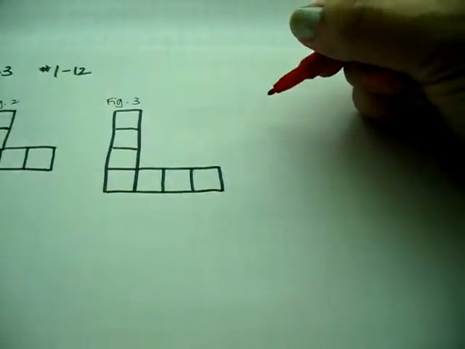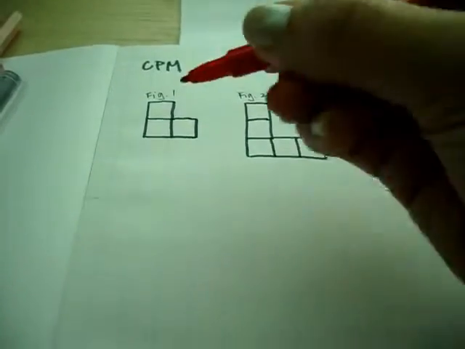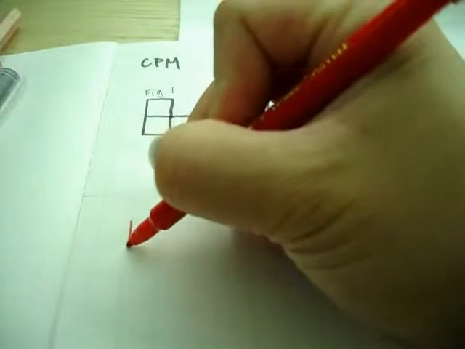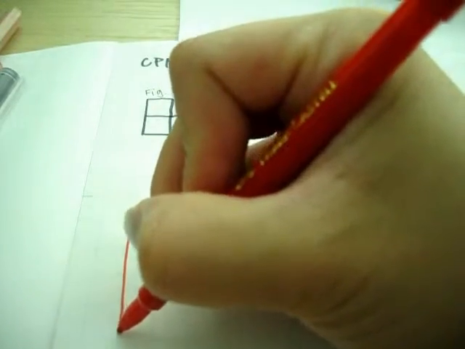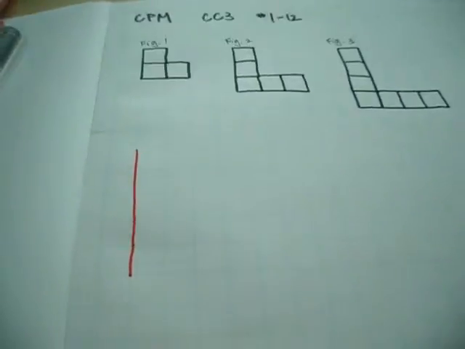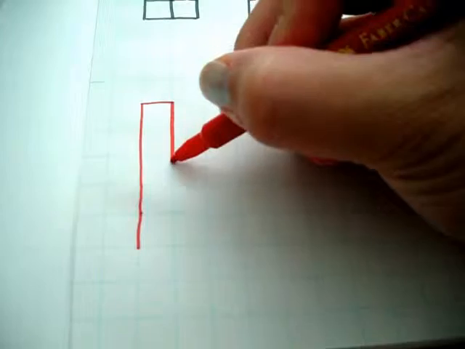So the next shape I am going to draw down here. Let's start right here. 1 block, 2, 3, 4, and 5. I think it's going to be 5 blocks since the L shape is getting bigger and bigger each time. It's still going to be a single block going this way.